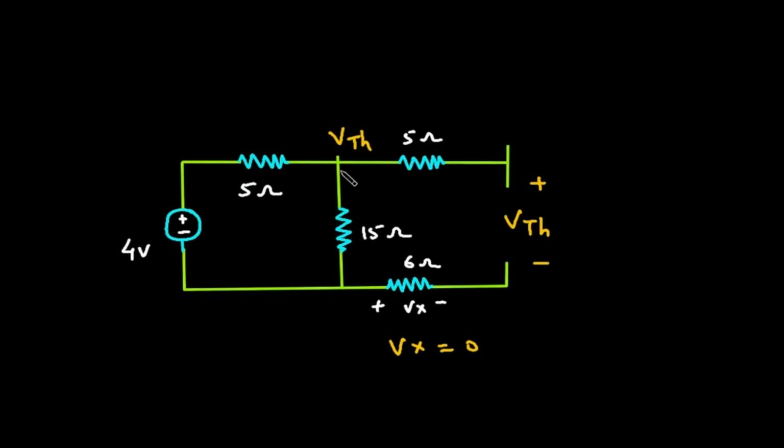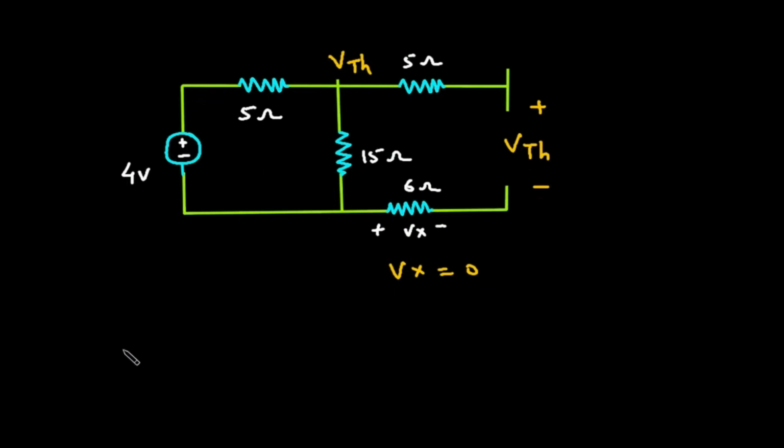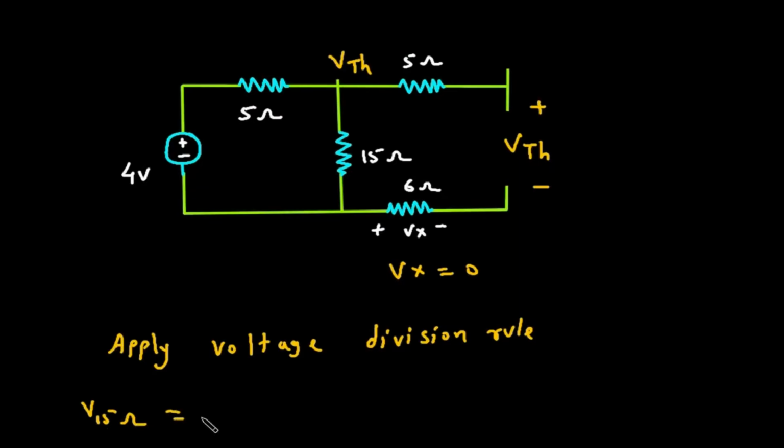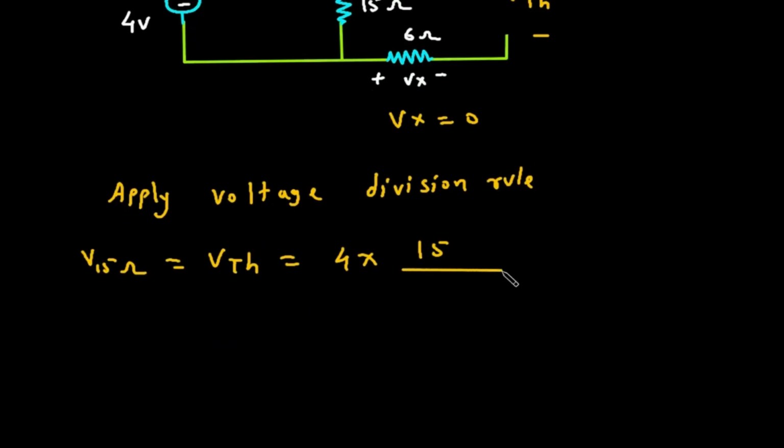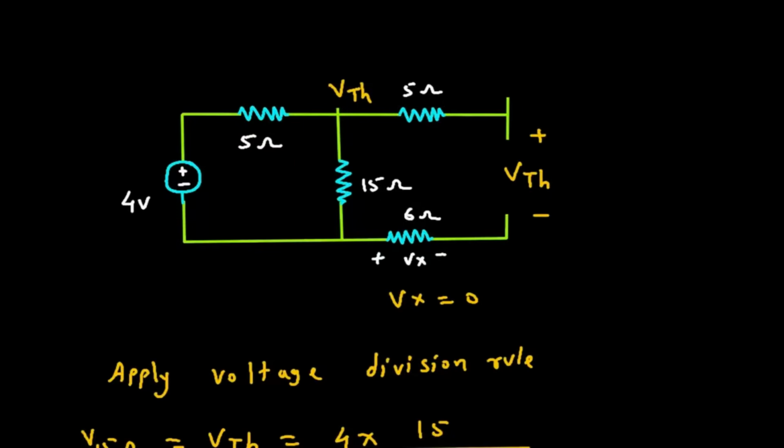So this will be our VTH. Voltage across this 15 ohm is the value of VTH. So we can apply voltage division rule to find the voltage across this 15 ohm resistor. So V 15 ohm is equal to VTH is equal to this voltage 4 into this resistance, which is 15 divided by 15 plus this value 5 ohm.